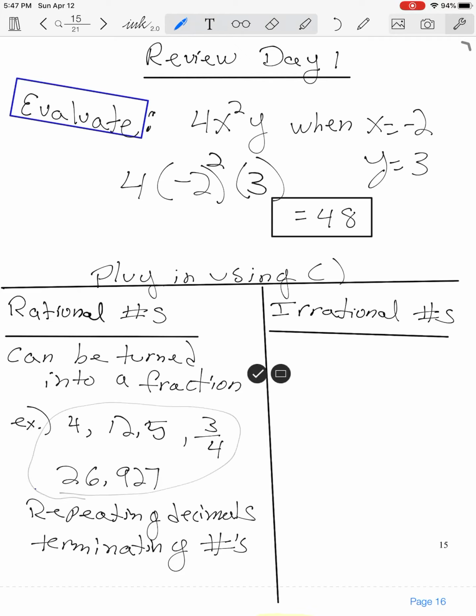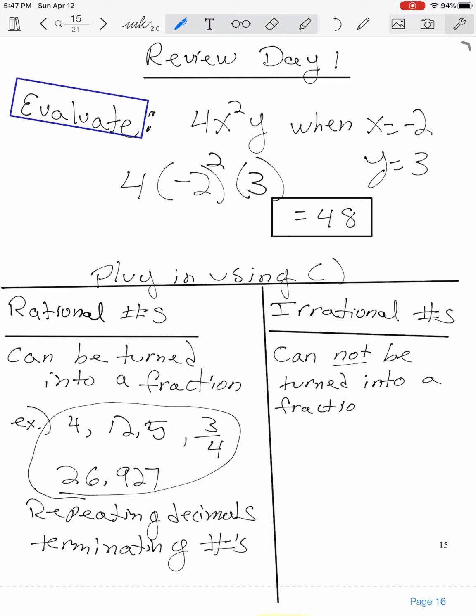Okay? The next thing are irrational numbers. Irrational numbers cannot be turned into a fraction. Some examples. Most popular irrational number, pi, is irrational.